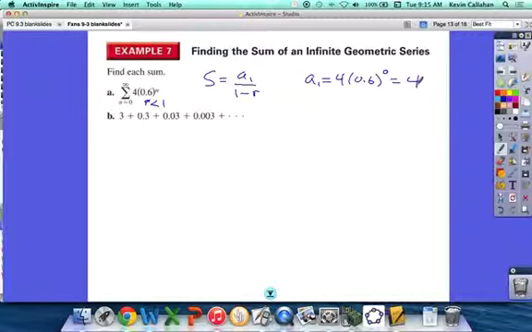So the first term is 4. There's not much to plug into this formula. S equals 4 over 1 minus 0.6, which is 4 over 0.4, which is 10.